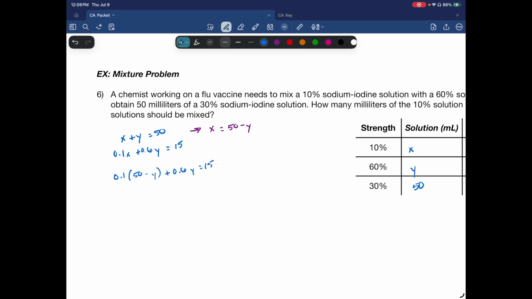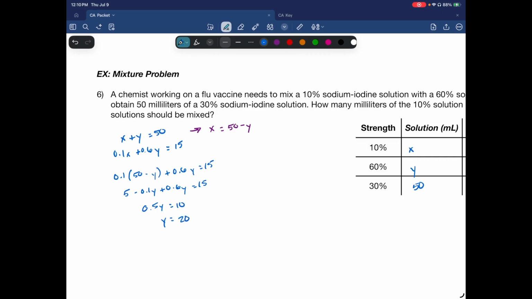So if I do that, that's going to be 5 minus 0.1y plus 0.6y equals 15. Okay, well, this is going to be 0.5y equals 10, y equals 20.